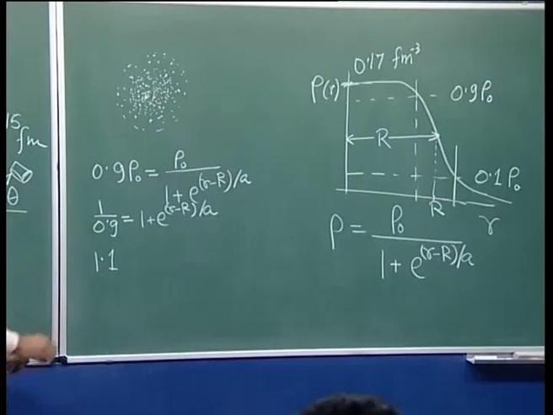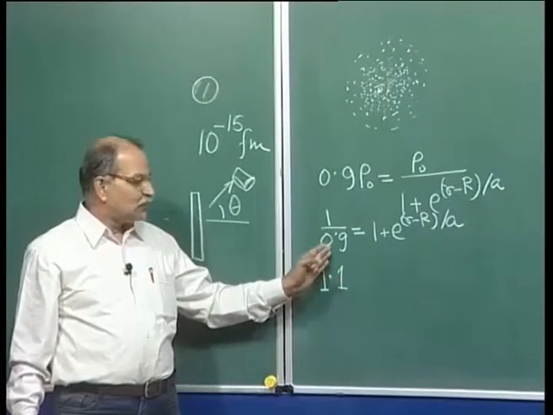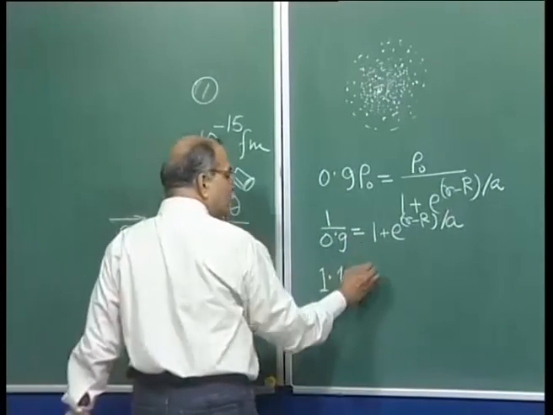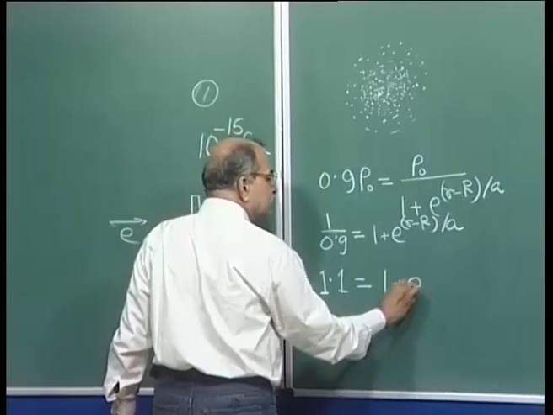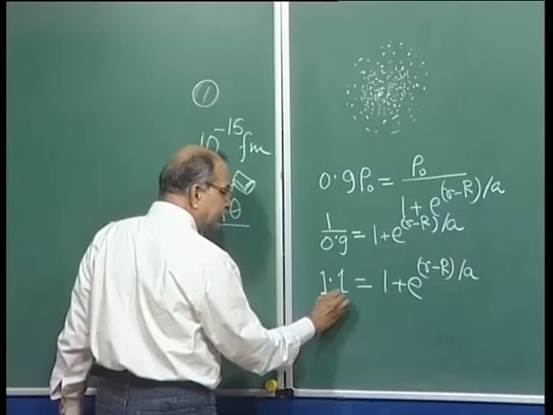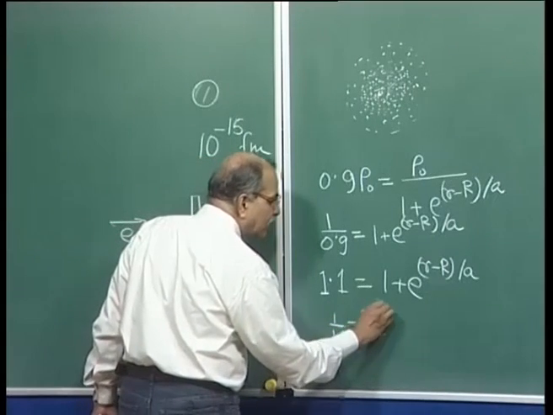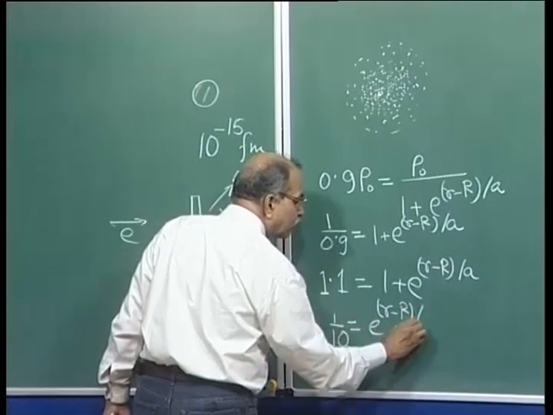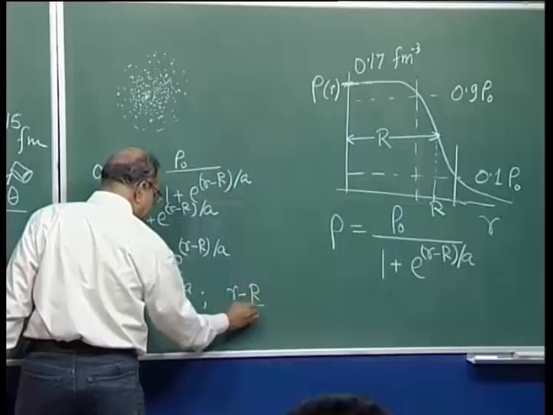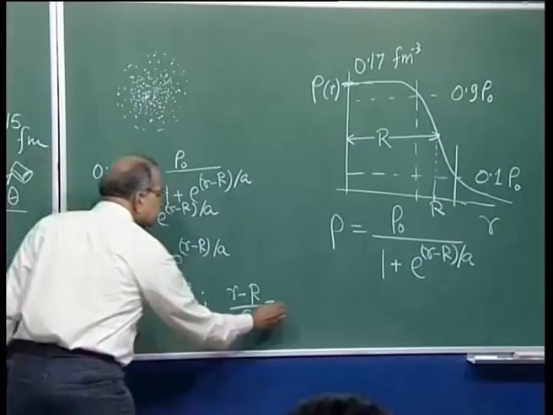1.1 into 0.9 will be 0.99, very close to 1. So, it is almost this, and this is equal to 1 plus e to the power (r minus capital R) by A. That means 1 by 10, 0.1, is e to the power (r minus capital R) by A. So, how much should r minus capital R by A be?